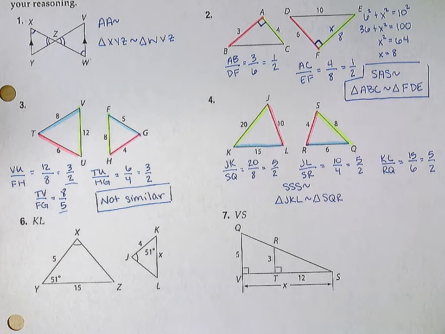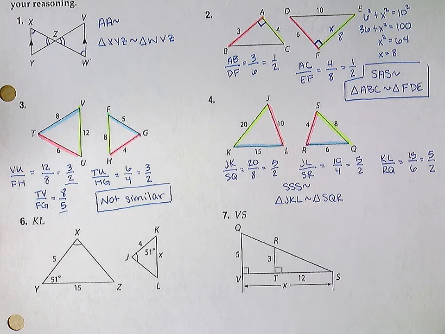All right, so I do have number 4 up on the board, and I highlighted my corresponding sides. So the biggest with the biggest, smallest with the smallest. So I set up each of those ratios for the corresponding sides and then reduced it.